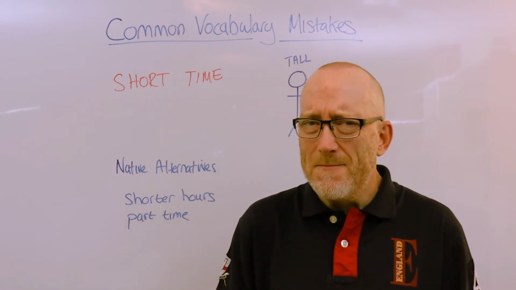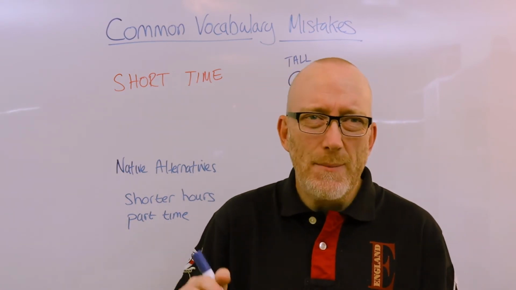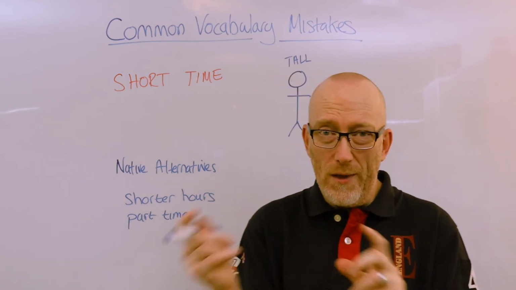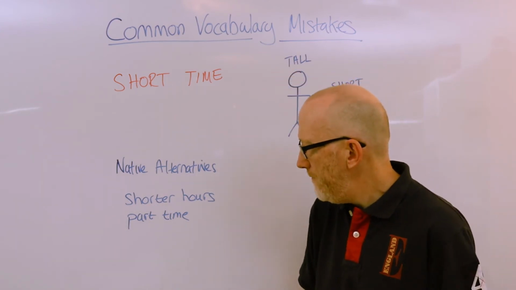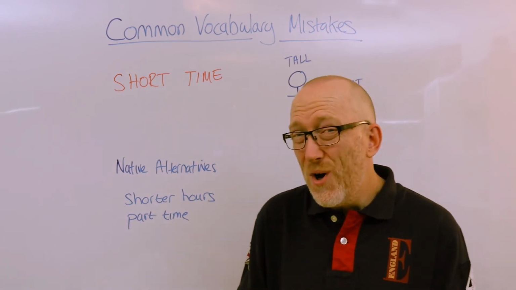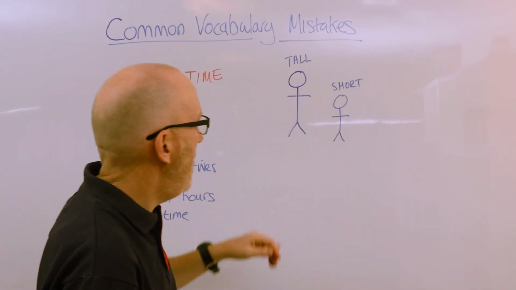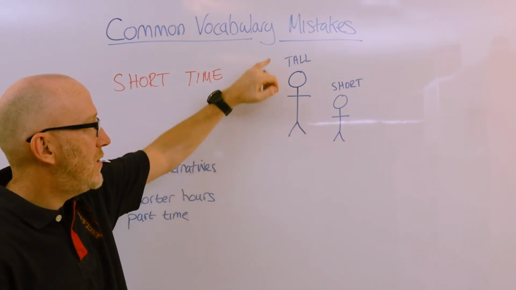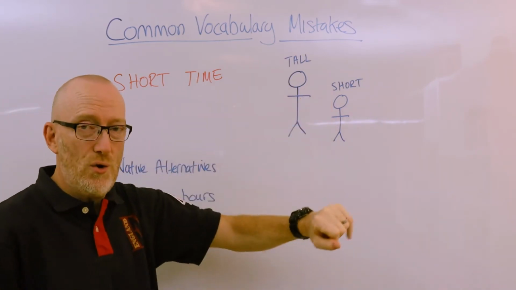And again, I think this is perhaps just a bad translation from one language to another. And it doesn't really quite work in English. Let me explain in terms of short. Here is a person who is tall, here is a person who is short.